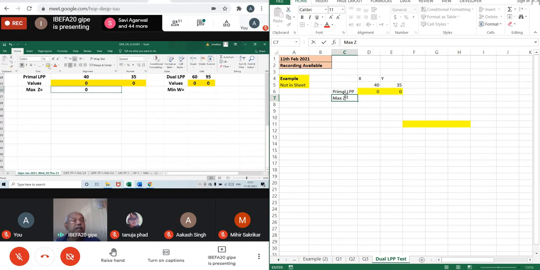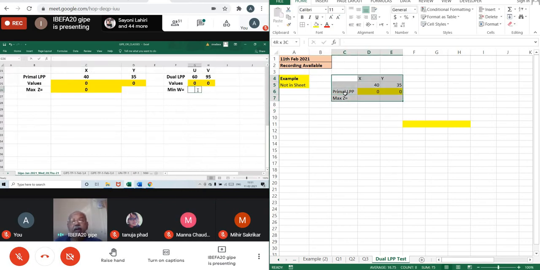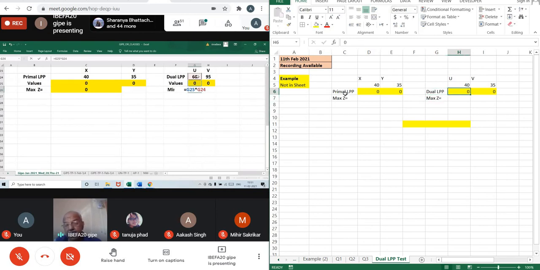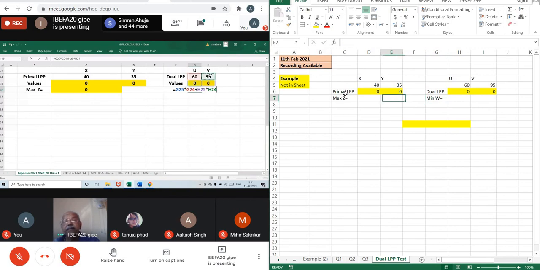I don't know initially. Same way here, equal to value of U multiplied by 60 plus value of V multiplied by 95.